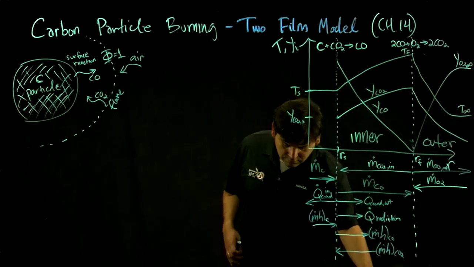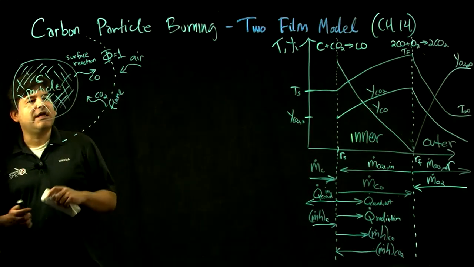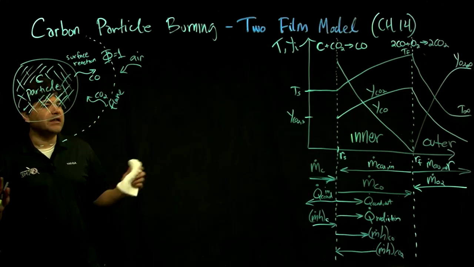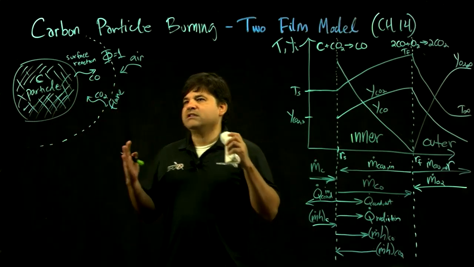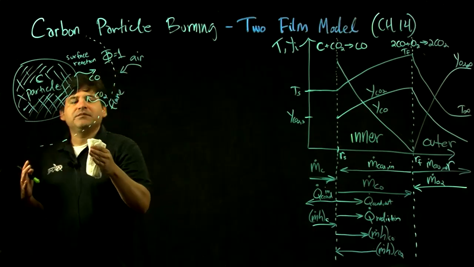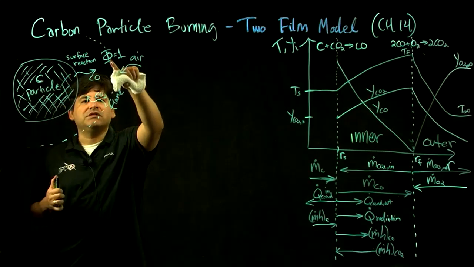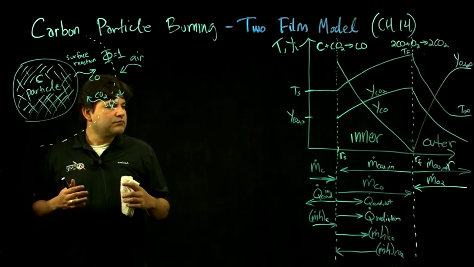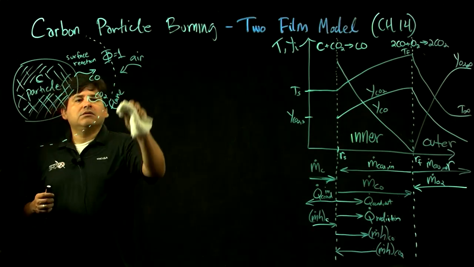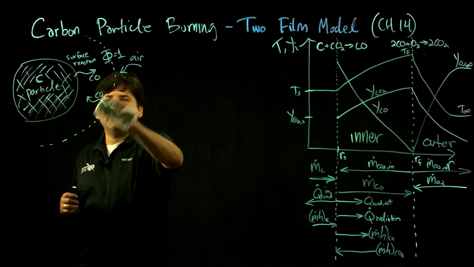So with some simplifications, again, one of them is being steady. We're ignoring the ignition, we're ignoring any transient heating and things like that. We're going to say we just already set up a field where a flame is established, and there's a balance between the CO produced, the CO burned, the CO2 coming back, and we can go from there. So let's start. I'm going to erase this to give us a good diagram.